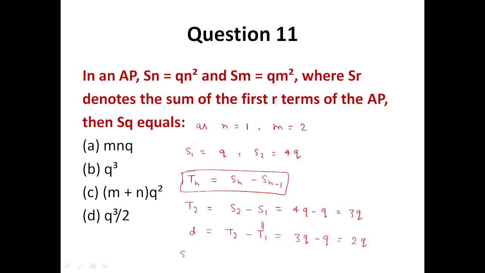Now what we will have to find? Sq. So Sq is equal to q by 2, 2A plus n minus 1, n की जगह क्या हो जाएगा यहाँ पे? q हो जाएगा into D. Now put the value of A and D, you will get q by 2, 2q plus q minus 1 into 2q.